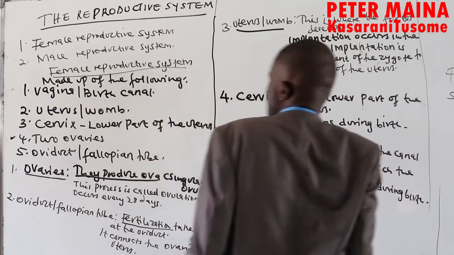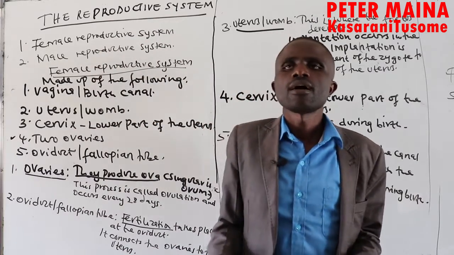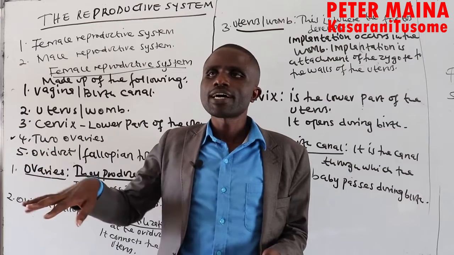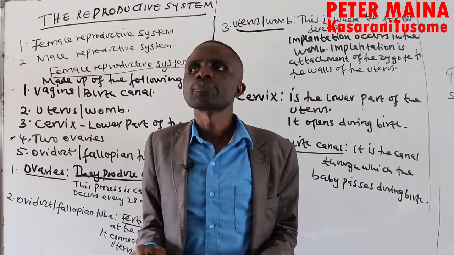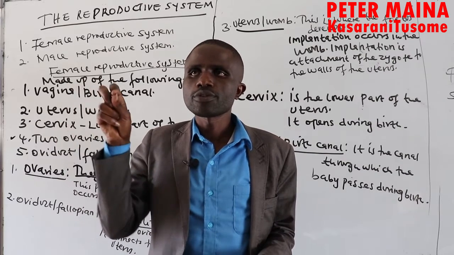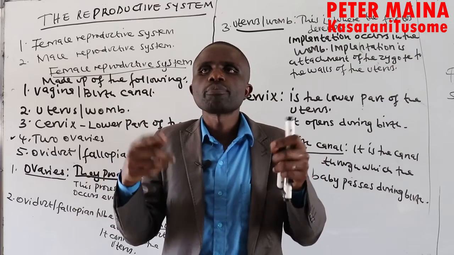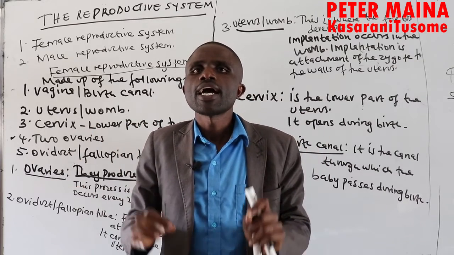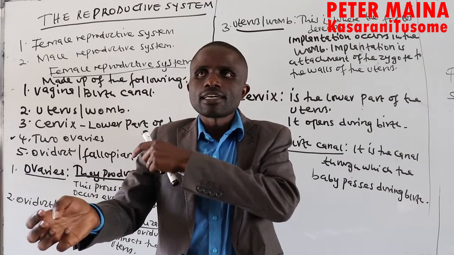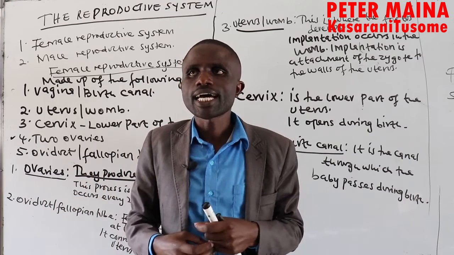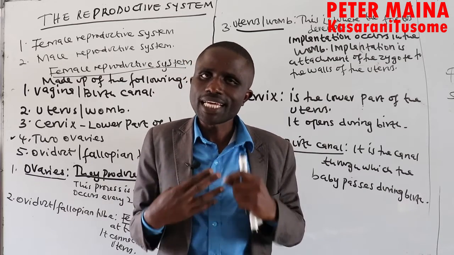So we've been able to understand the components of the female reproductive system. Let's repeat. We started with the ovaries, and the ovary produces the ova in plural, the ovum in singular. Upon producing the ova, fertilization will occur in the fallopian tube, also called the oviduct. Then we move to the uterus or the womb, where the baby develops and where implantation occurs.